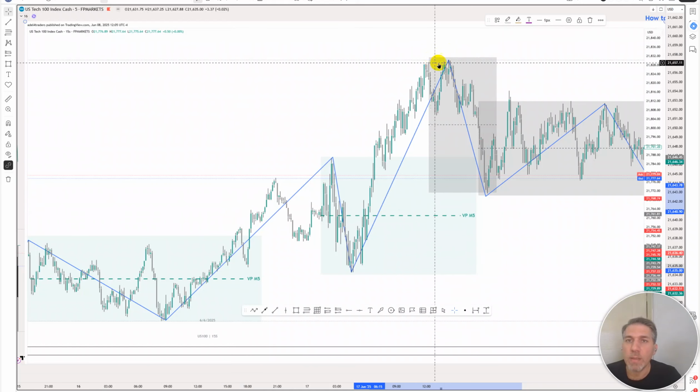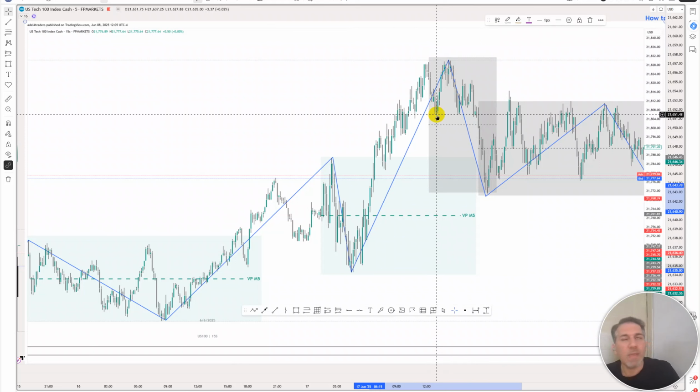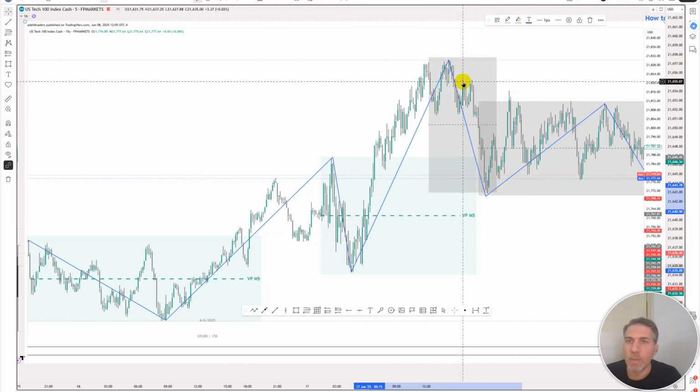Here, this is our last higher high. So which movement led to this one? Here, it came from here, or even if you consider this one, actually, there is no difference. So let's consider both of them.